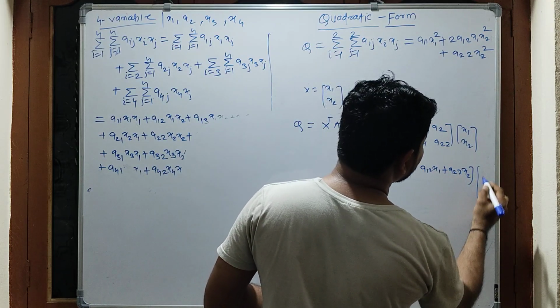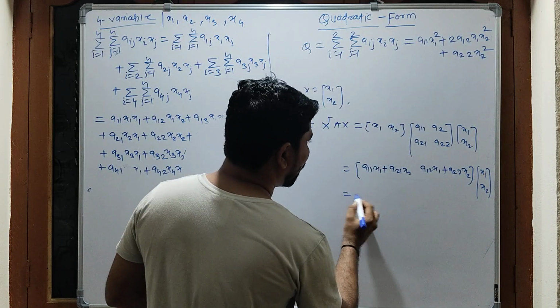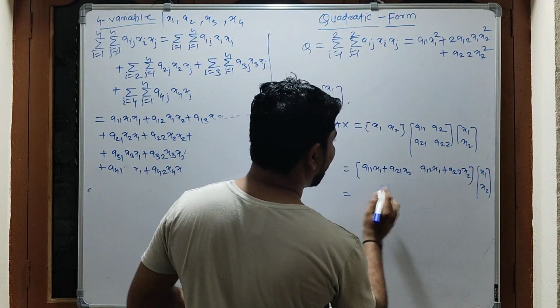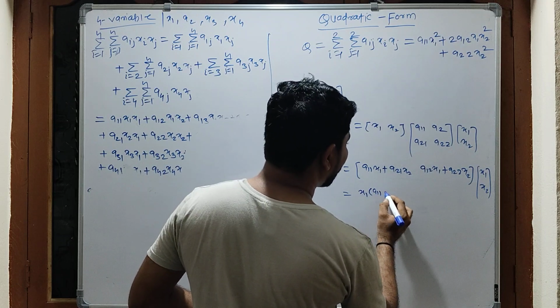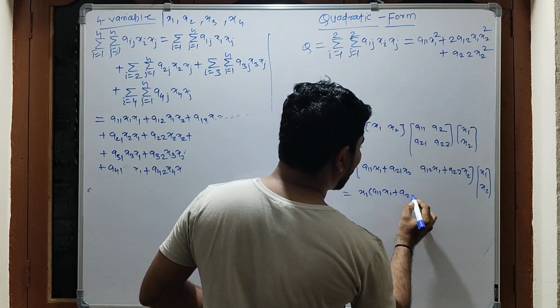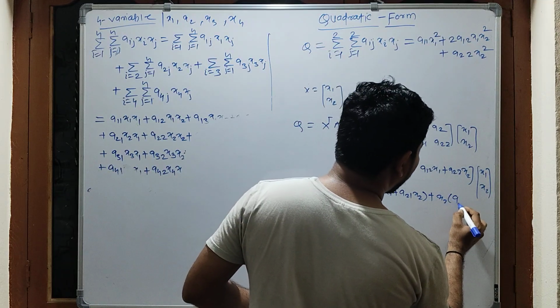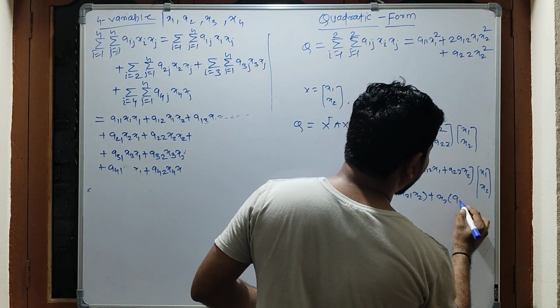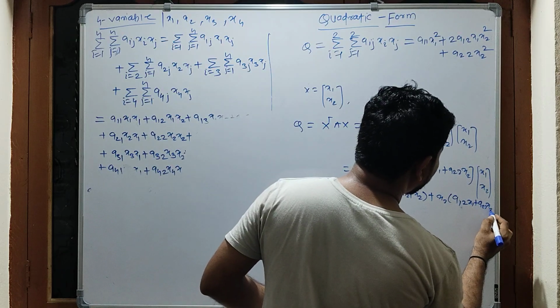And here these are x1 and x2. So now, first row first column means x1 into (a11 x1 plus a21 x2), plus x2 into (a12 x1 plus a22 x2).